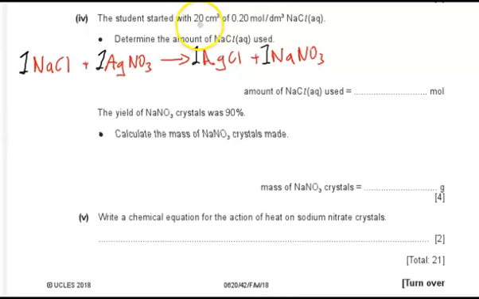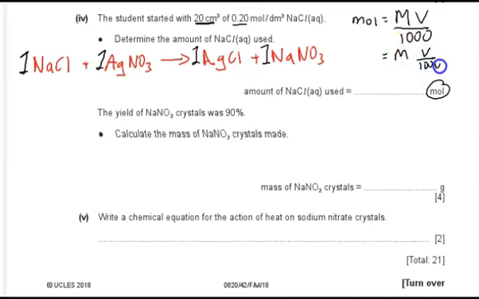The student started with 20 cm cubed and a given molarity. The amount they used, they want it in moles. So we can use the formula: mole equals molarity multiplied by volume, and this volume must be in cm cubed divided by 1000, so V over 1000.